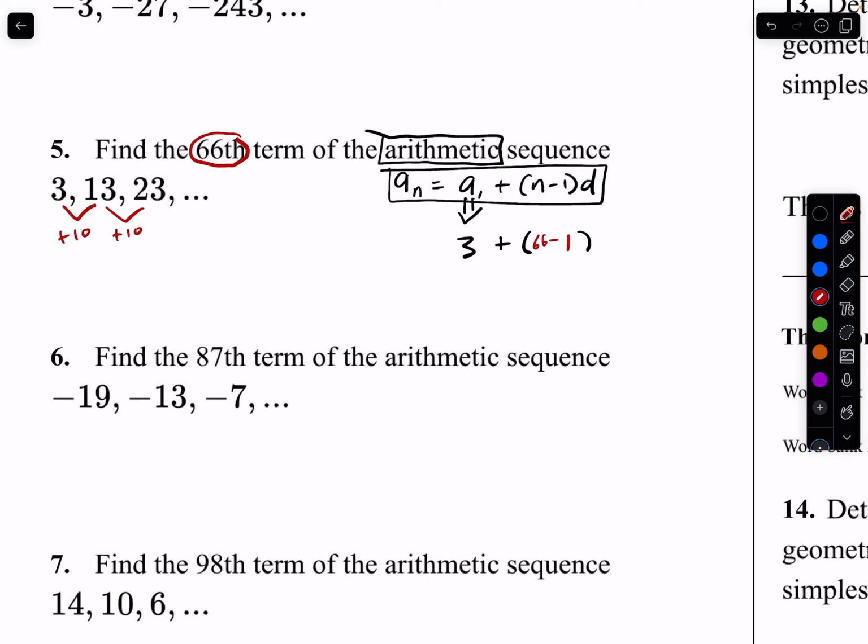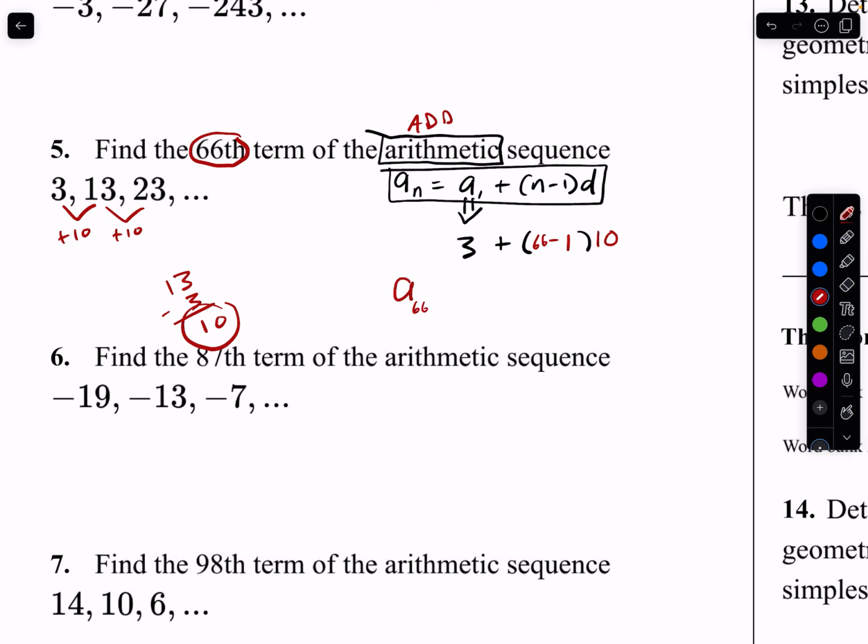I'm adding 10. If you're not sure, subtract. 13 minus 3 is 10, because we know it's arithmetic. We know we are adding. Okay, so if I substitute that in right here, I'm going to get the number 10 right here. Okay, in my calculator, I can say A sub 66.